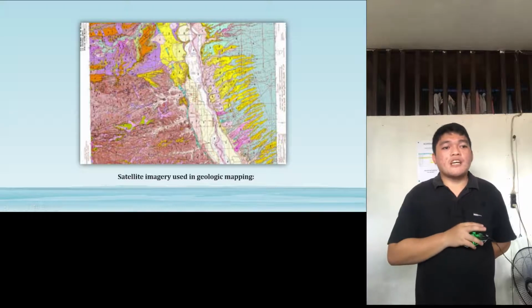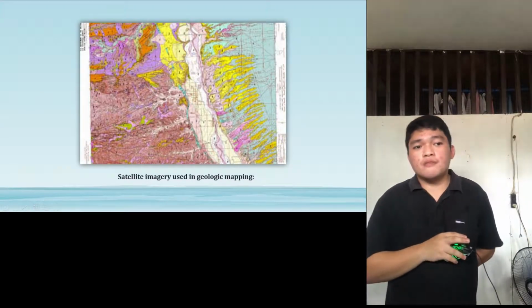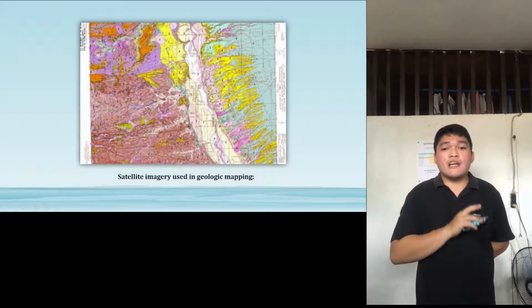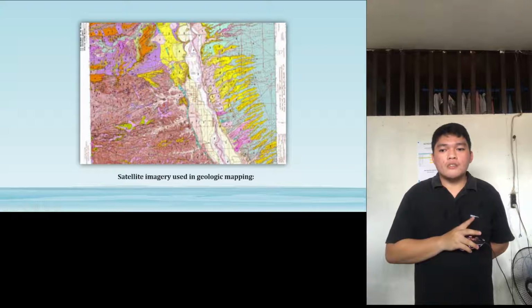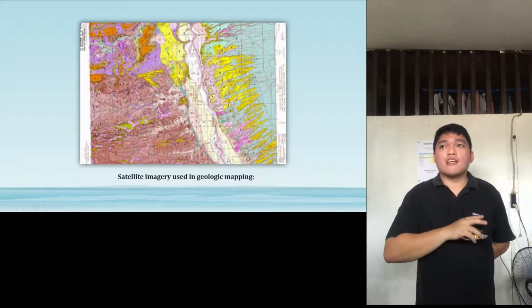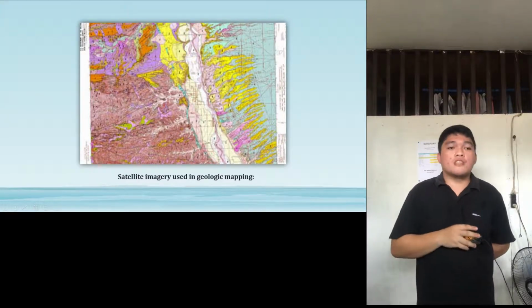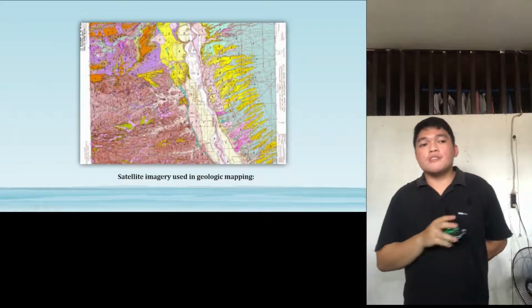So this is the satellite imagery used in geological mapping. Of course we have our new, very high-tech technologies, such as the satellite in outer space.